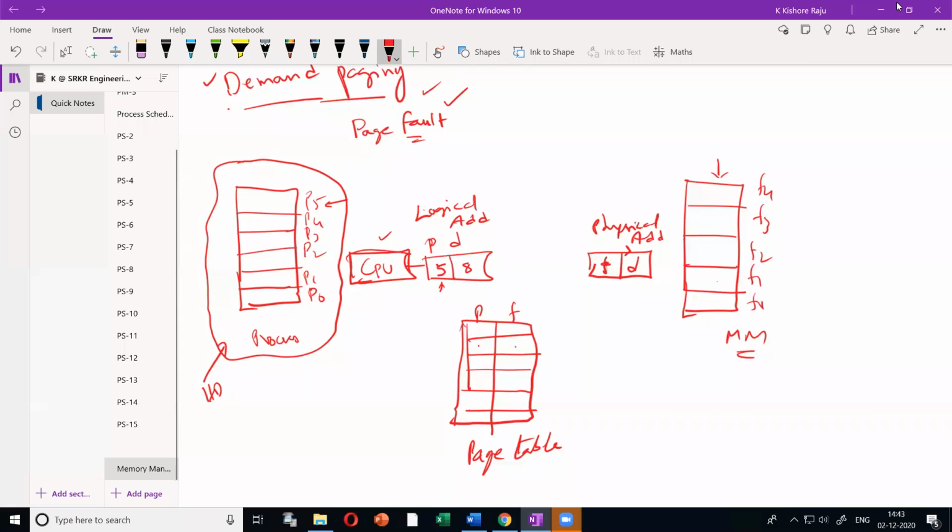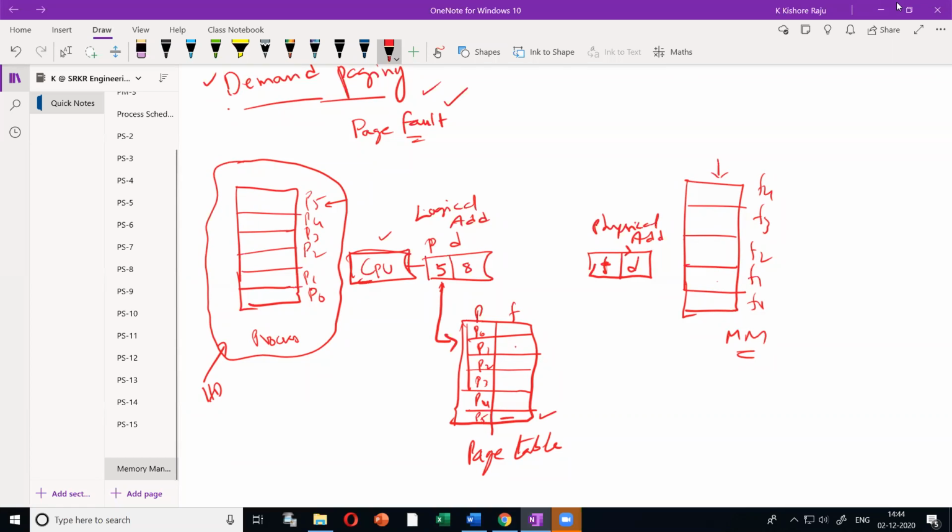Then it will look into this: P0, P1, P2, P3, P4, P5. Is P5 placed in the main memory frames? No pages are there in the main memory frames.